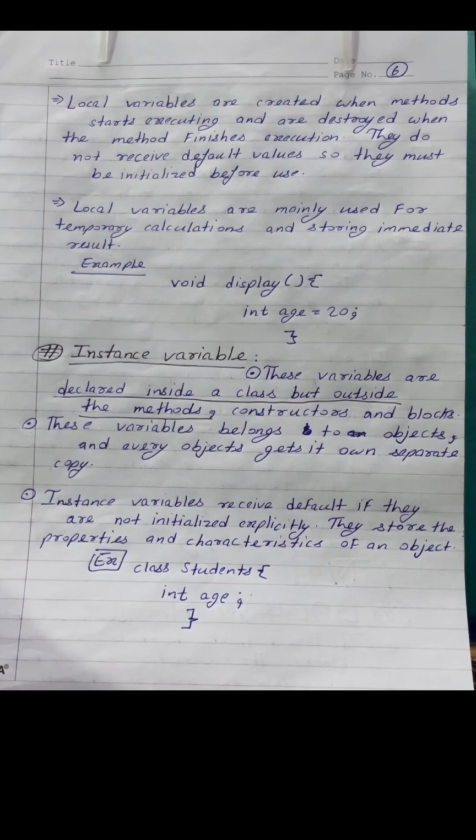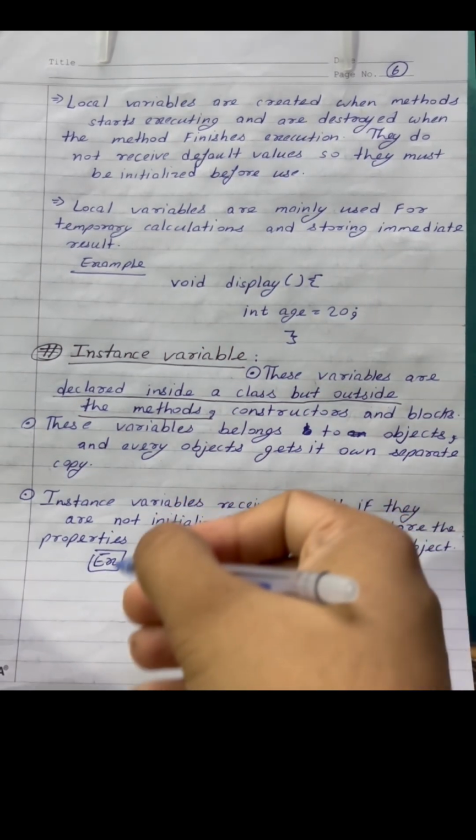You can understand with an example, like a student object may have instance variables such as name, age, and marks, like this.